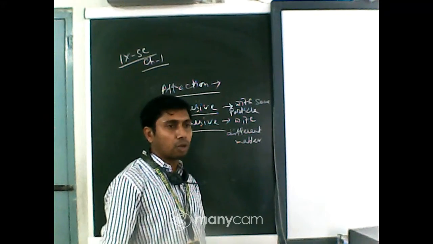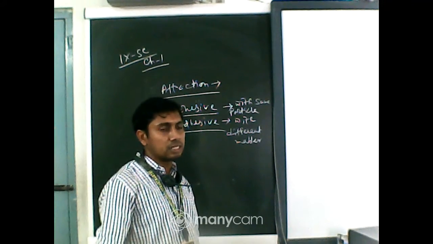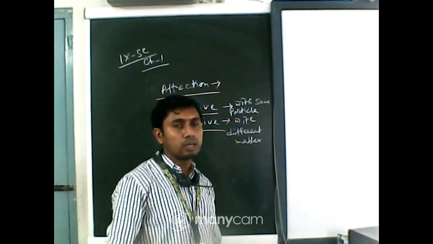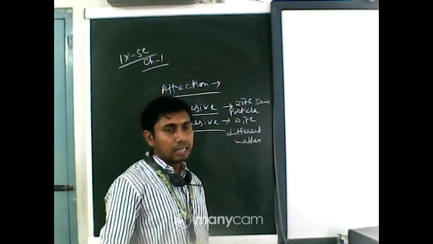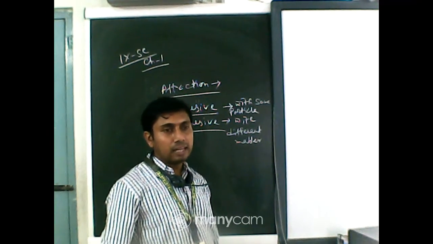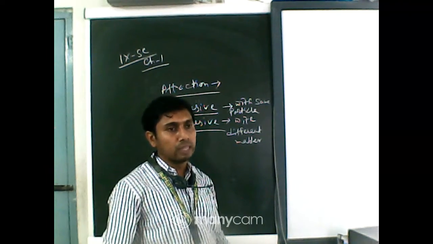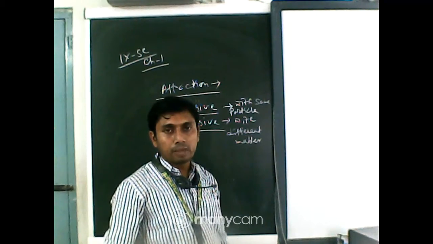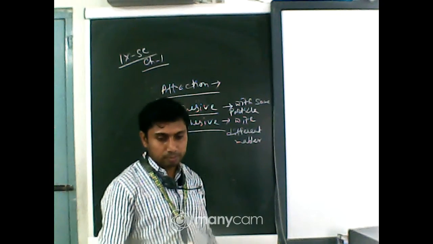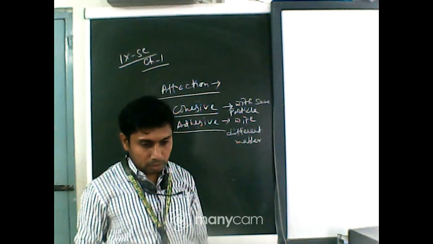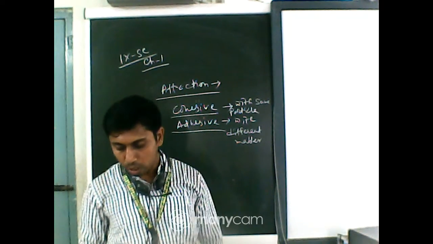It is electrostatic because there is unequal distribution of electrons. When an unequal distribution of electrons is there, polarity is gained, which means there are two poles. When two poles arise, it is called the electrostatic force. Same substances: that is called cohesive force.